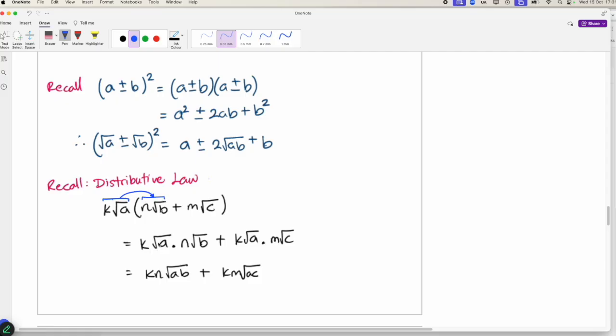So I'll have k root a times n root b, then the plus sign, and I'll have k root a times m root c. In this situation, you're just multiplying the k and the n to give you kn, and you multiply your a and your b to give you the root of ab, plus km times the root of ac.